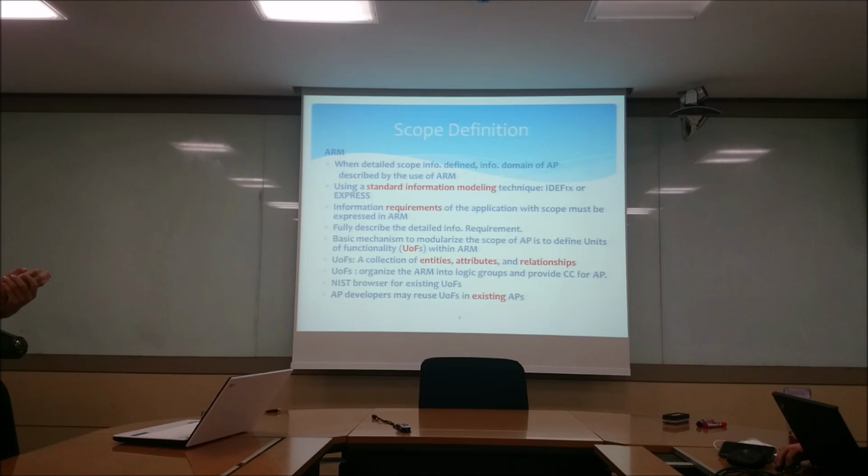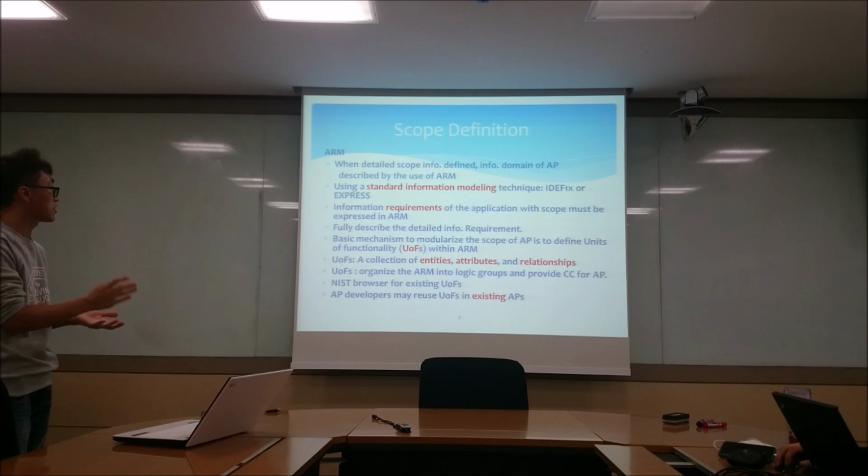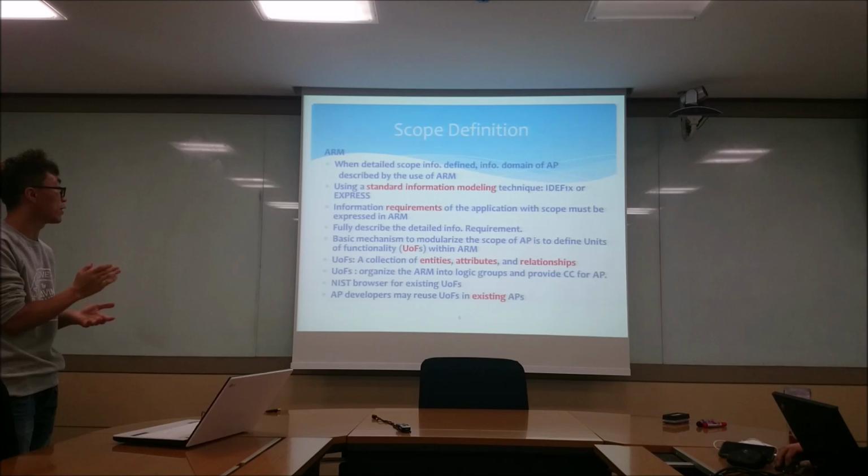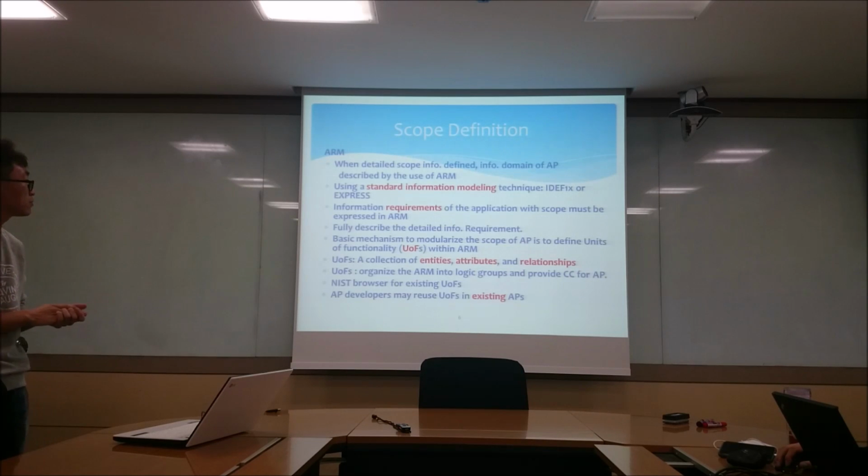I will also need to fully describe the detailed information requirement. And there is a basic mechanism to modularize the scope of AP. It's just to define the UOF, which is called the units of functionality, within the ARM.